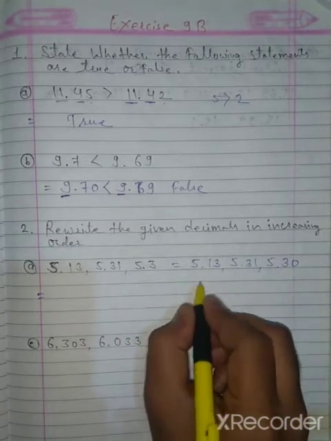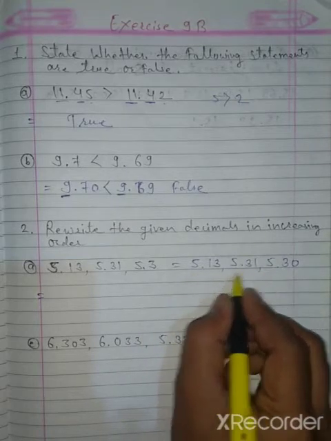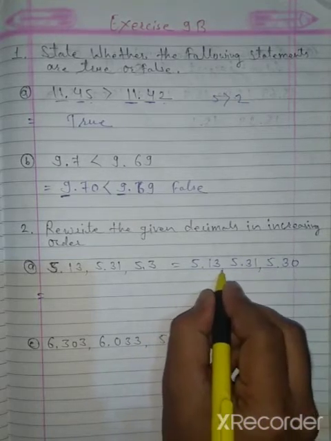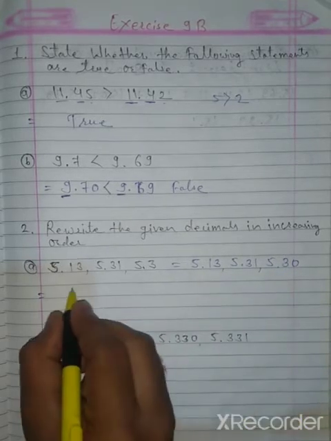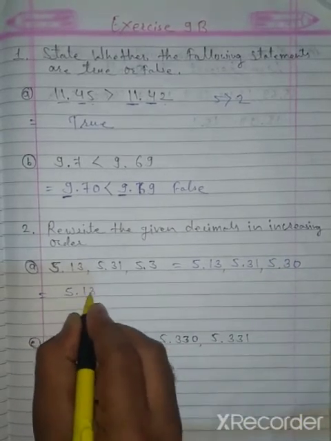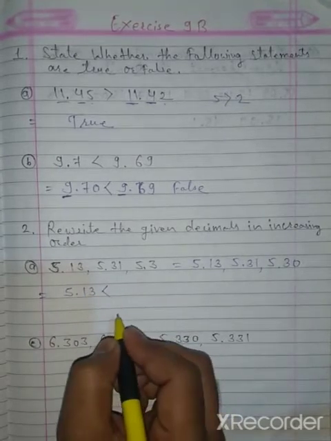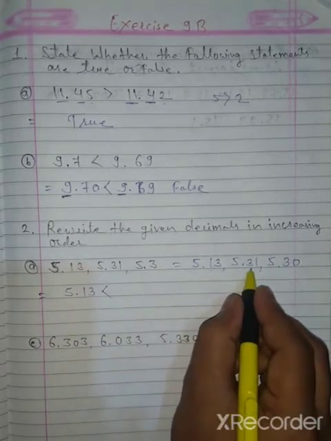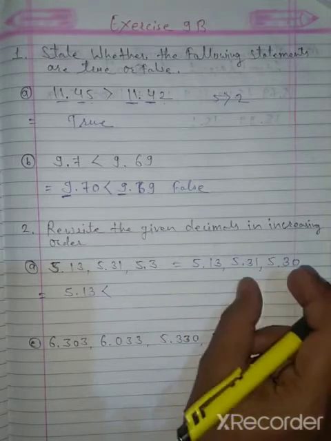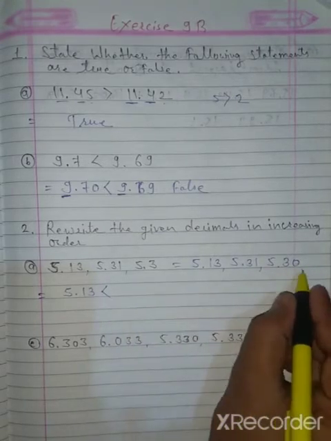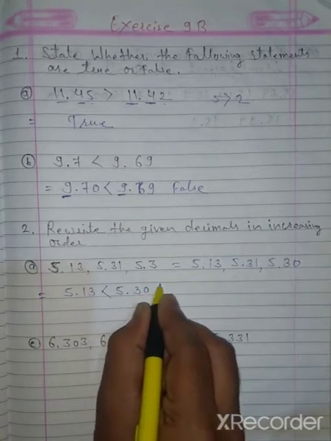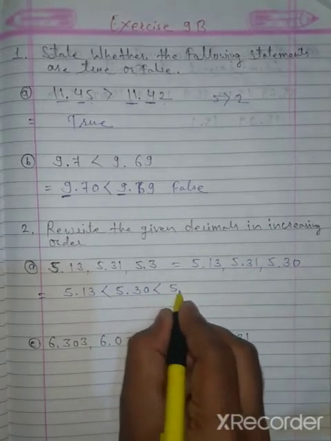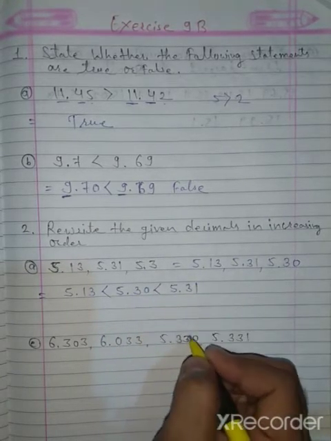Now check: all whole numbers are 5. Now 13, 31 and 30. So 13 is the smallest, so 5.13 is less than 31 and 30. 31 is greater than 30, so we will write 5.13 is less than 5.30, which is less than 5.31.